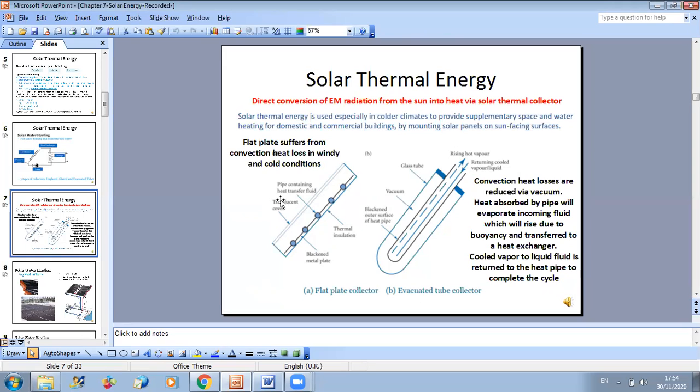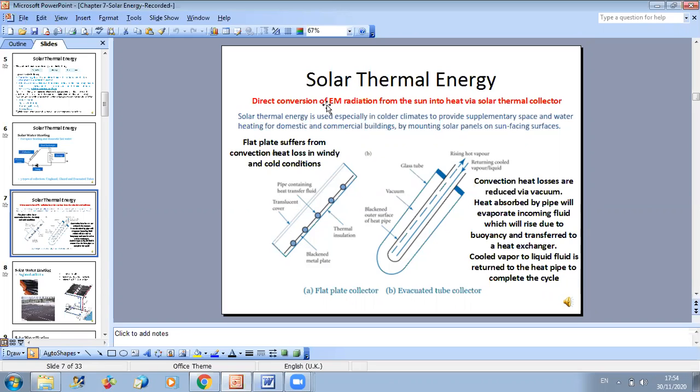The main purpose of the collector is to take the energy of the sun in the electromagnetic form and transform it to heat energy by passing a fluid through the collector. Solar thermal energy is used especially in colder climates to provide additional space and water heating for domestic and commercial buildings by mounting solar panels on sun-facing surfaces.